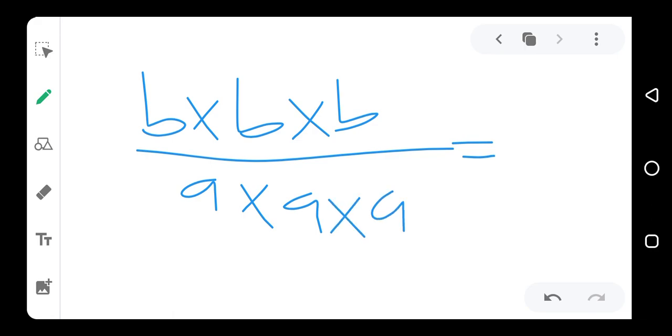This is going to give us b raised to power 3 and then a raised to power 3. That is if we find the index of the one on top and the index of the one below. Now what can we times to get b raised to power 3 on top?